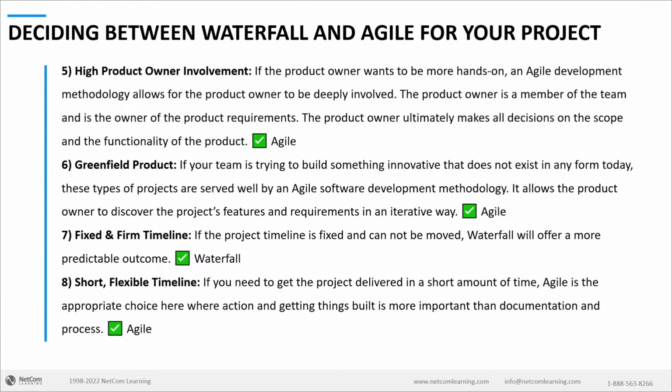Greenfield product, like if your team is trying to build something innovative that does not exist, or research and development projects, better use agile. Fixed and firm timeline, a very restricted timeline, better use waterfall. Short, flexible timeline, use agile.